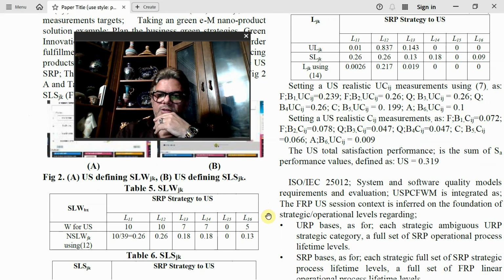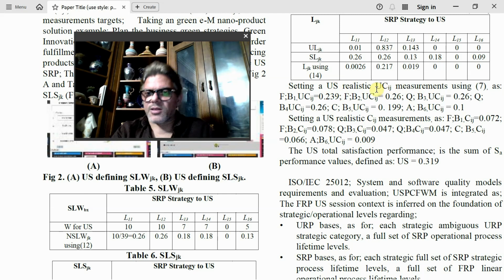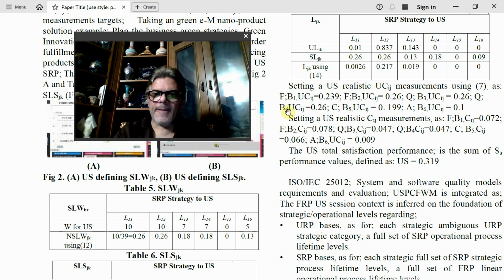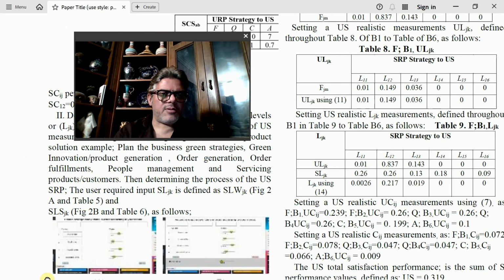The total satisfaction, yes, we are then setting the user satisfaction, user score, realistic user categories, user satisfaction, realistic user categories measurement using 7. Features B1 user category 0.23. Okay, using 7. Where is 7?